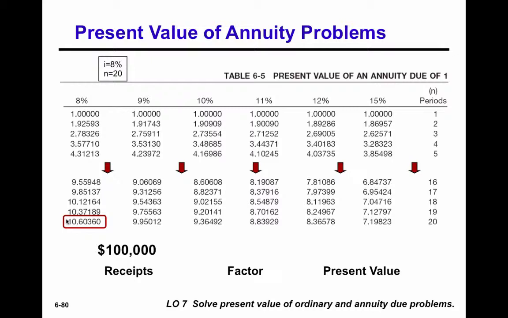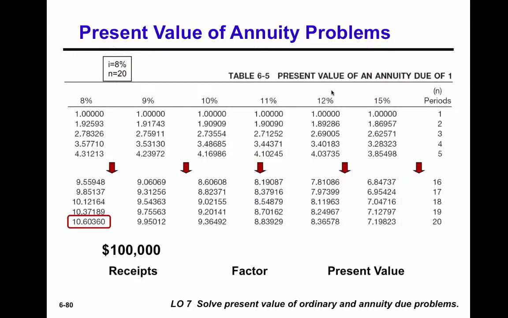And of course, if you add 1 to that, you get the 10.6036 that we have here. So either way, add 1 to the 9.6036 that you see for 19 periods, or take the factor for 20 periods in the ordinary annuity table, which is that 9.81 that I alluded to, and then multiply that by 1.08, 1 plus the interest rate, to arrive at the 10.6036 factor that we're using here.